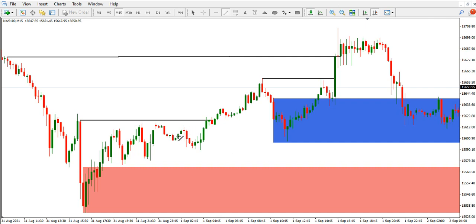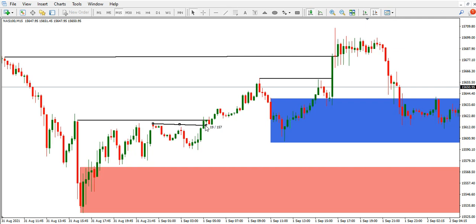So what do we do now? We take it from here up until here, using this trend line tool.